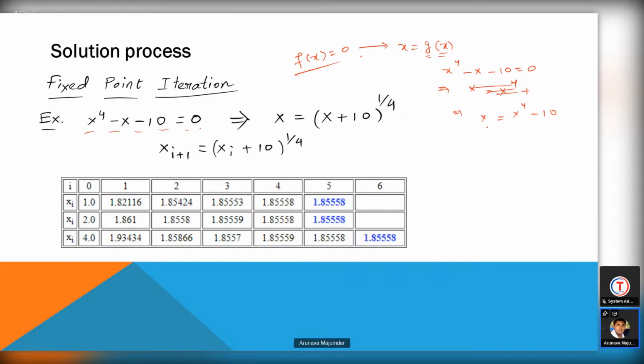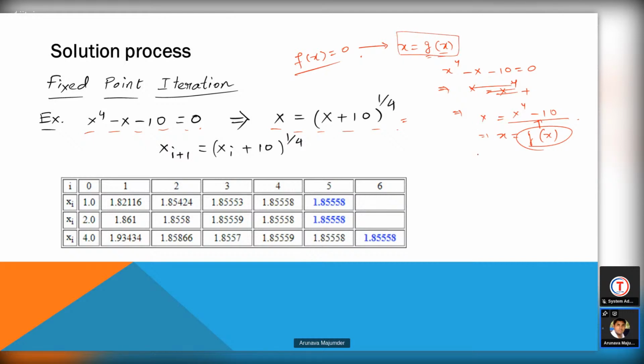This is also another x equal to g of x form, where g(x) is x to the power 4 minus 10. Or you can also use this one: x equal to (x plus 10) whole to the power 1 by 4. So many forms we can find, which support x equal to g(x).